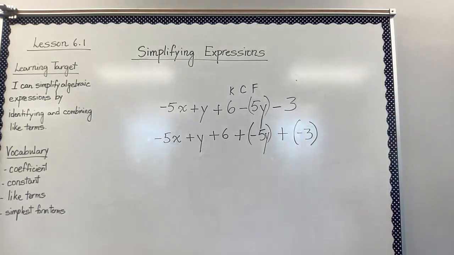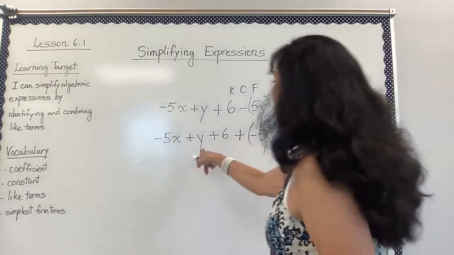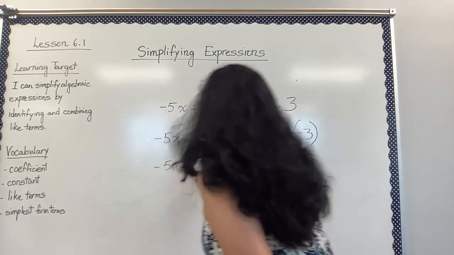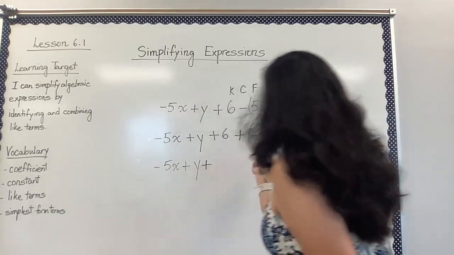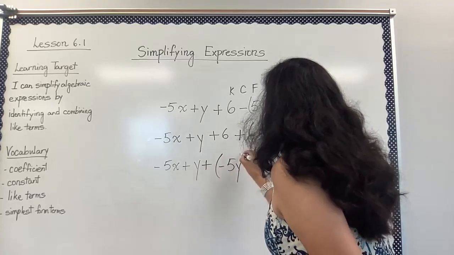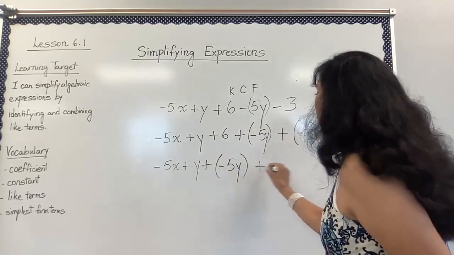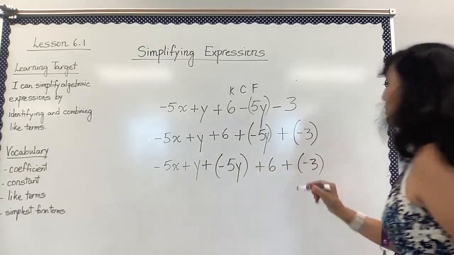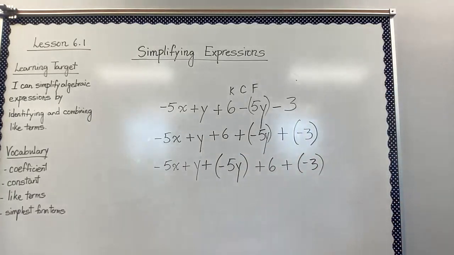So negative 5x plus y plus, I'm just going to switch the order, use the commutative property, negative 5y. I'm going to put this over here, plus 6 and plus -3, because I'm trying to put the like terms together so I can add or subtract.